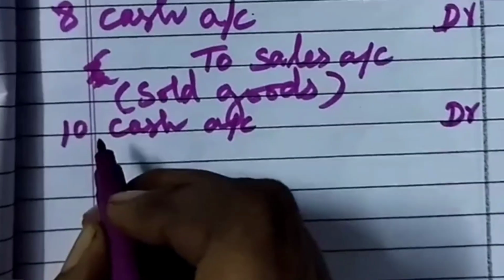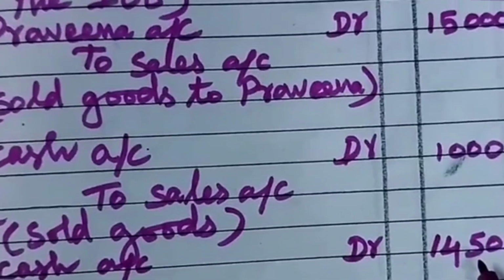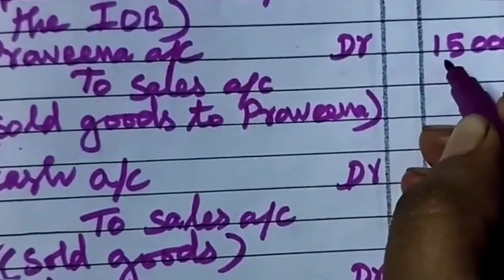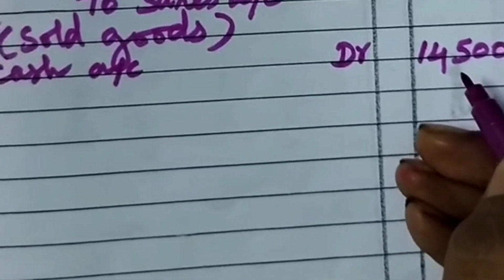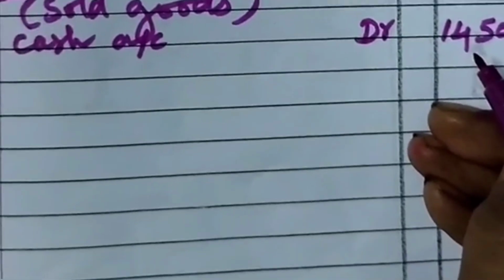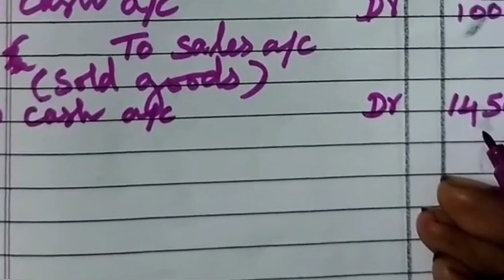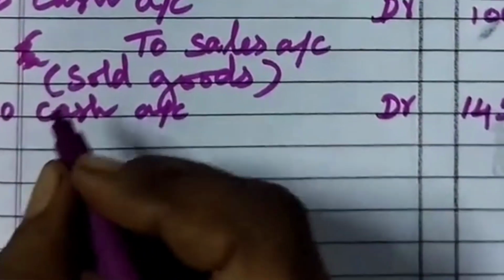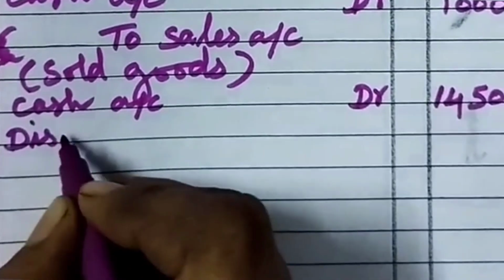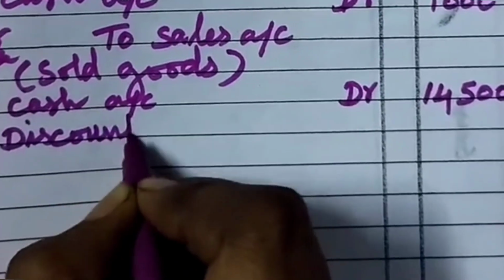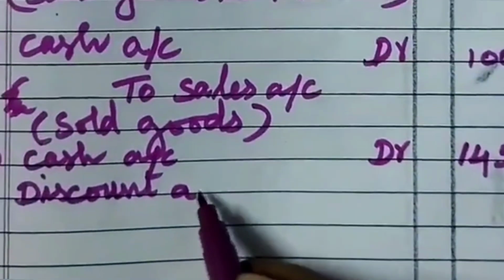Then we gave discount rupees 500 because we sold goods to Praveena 15,000. Now we received only 14,500. That means we gave discount. As per nominal account, debit all expenses and losses. So discount is also an expense to the business. So that should be debited. So discount account should be debited.